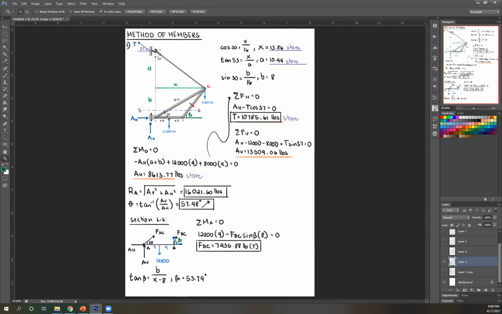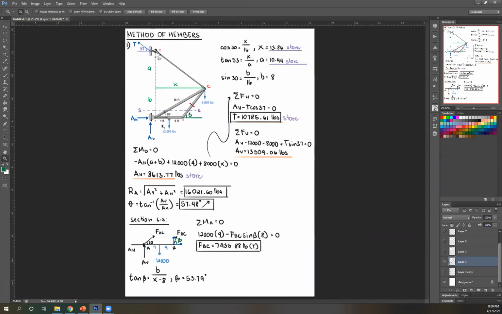Okay, so once again here, it's not advisable to use method of joints at point A, because one of those members is a 3 force member, and then your force here is not axial, meaning it's not along the direction of your member or not along the axis of your member.